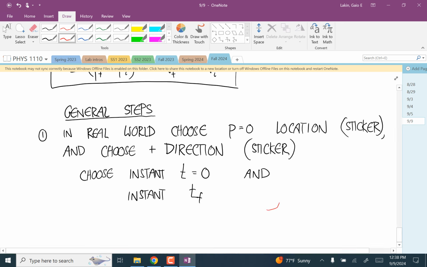You're always going to choose these based on instants when you know or want information.